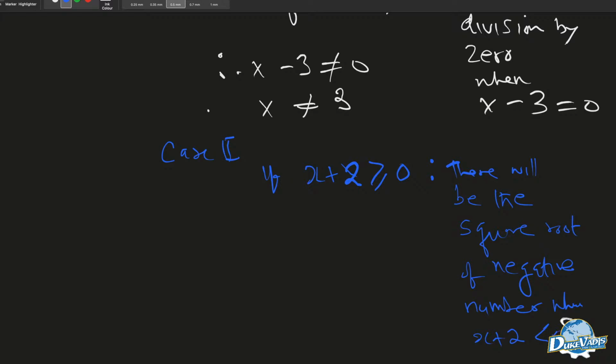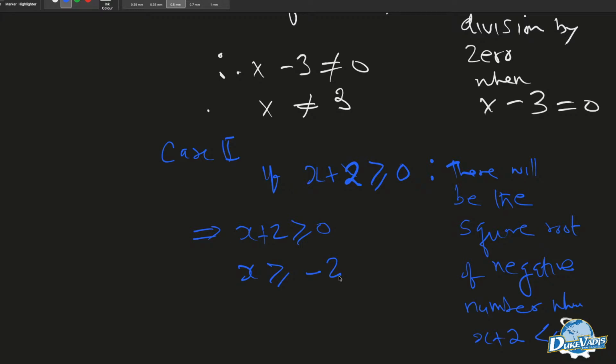So that is the reason why we say that x plus 2 should be greater or equal to 0, so that x is greater or equal to negative 2. Because if x is less than negative 2, there will be a negative square root.